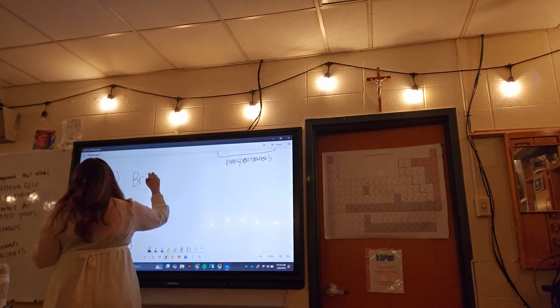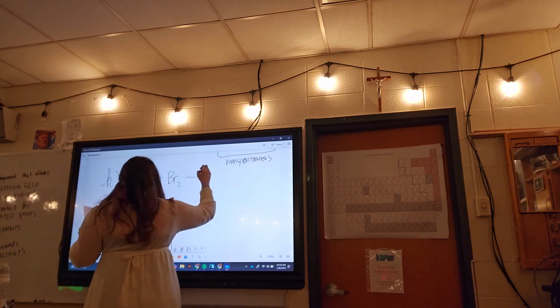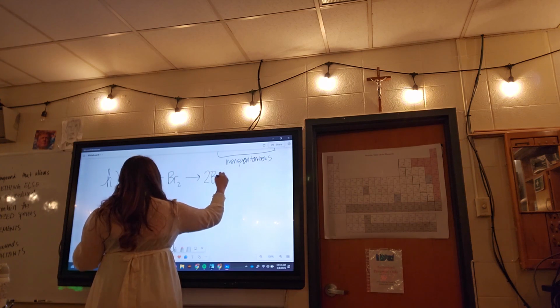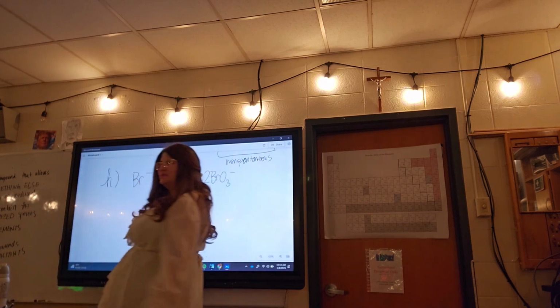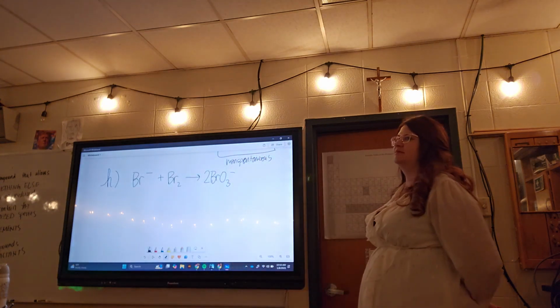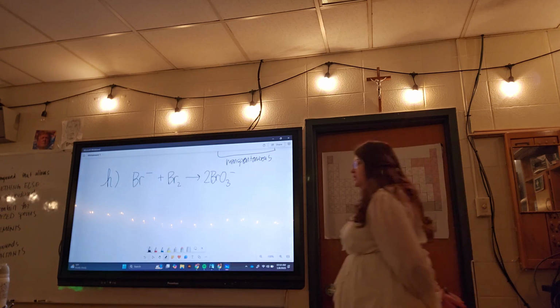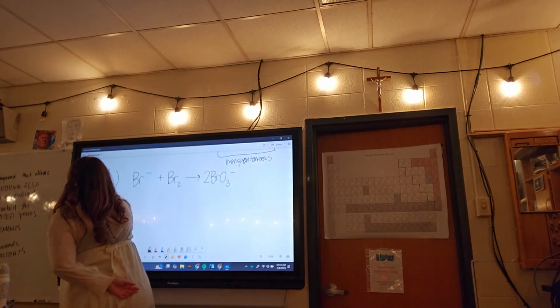All right, so for mostly all of them, there are 2 reactants and 2 products, but then I threw this friend on here. What are we gonna do? All right, so this is what I'm gonna do. I'm going to take one of my reactants, the Br minus, that's the first one.